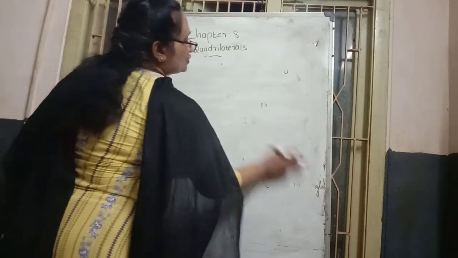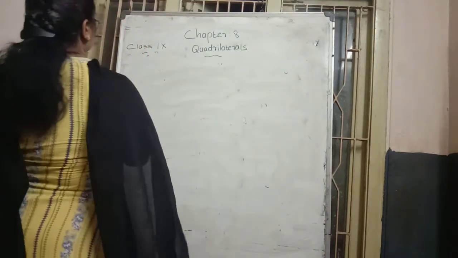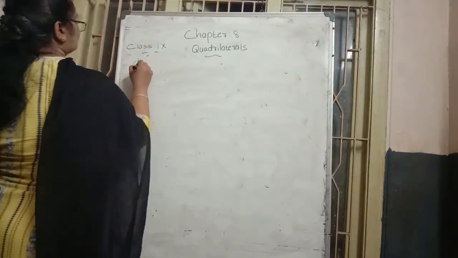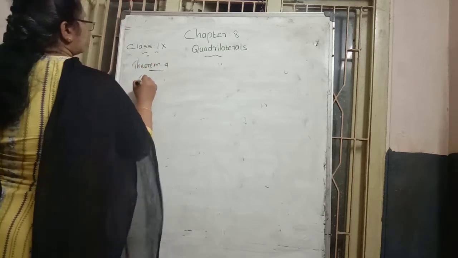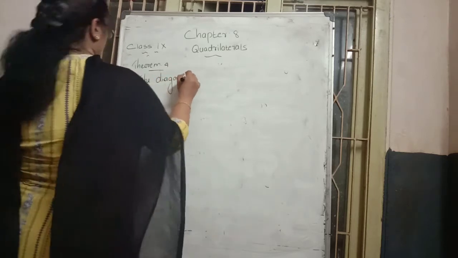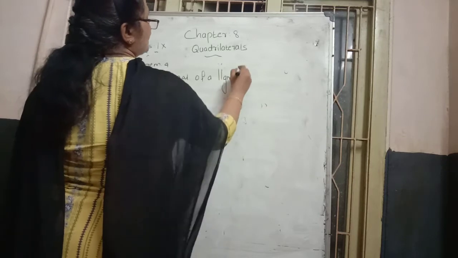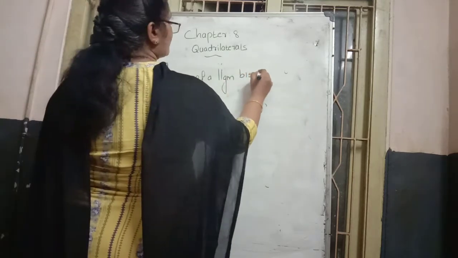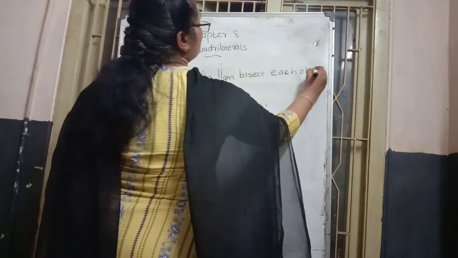So write it as Theorem 4. Theorem 4 says that the diagonals of a parallelogram bisect each other. We want to prove this one.